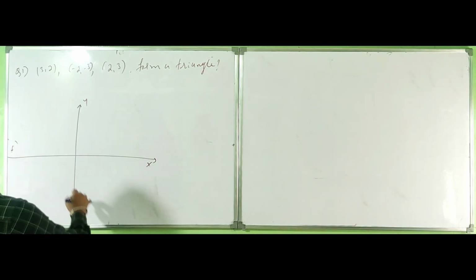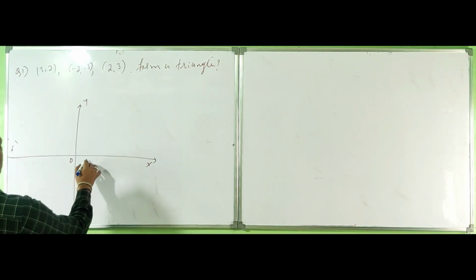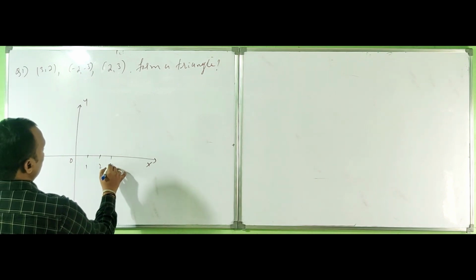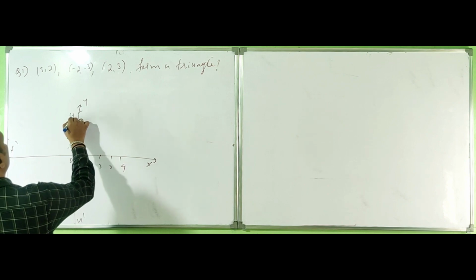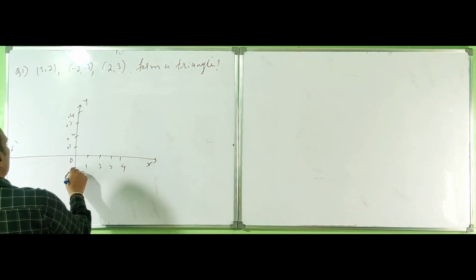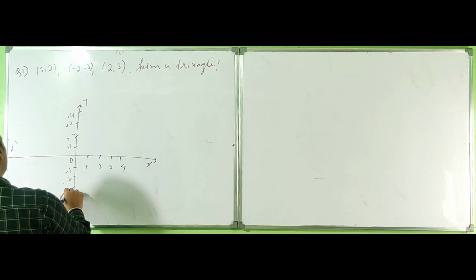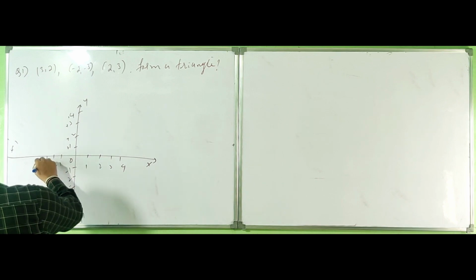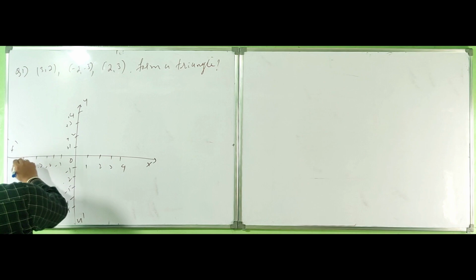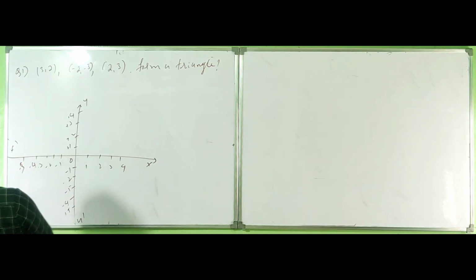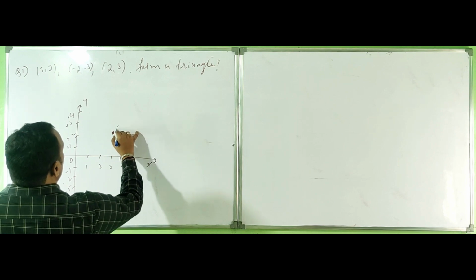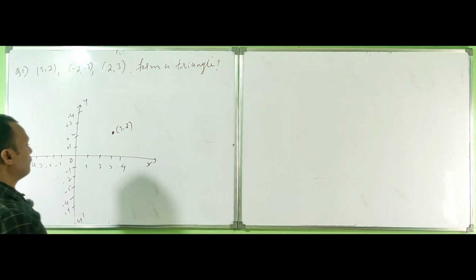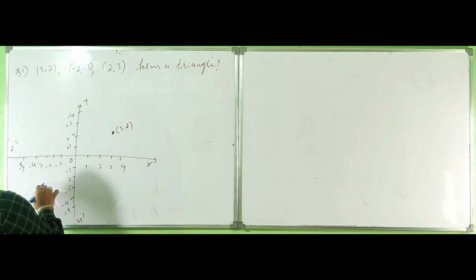I'm taking points randomly. First point is 3 and 2. Second point is minus 2 and minus 3.